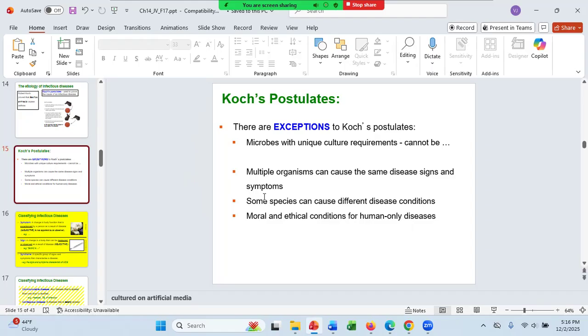So, how do we know that all these different exceptions to Koch's postulates are caused by one species? Like one species of virus causes human colds, but there's multiple species, multiple families that cause the human cold. How do we know that? How do we know that HIV causes AIDS? Anyone have a guess?